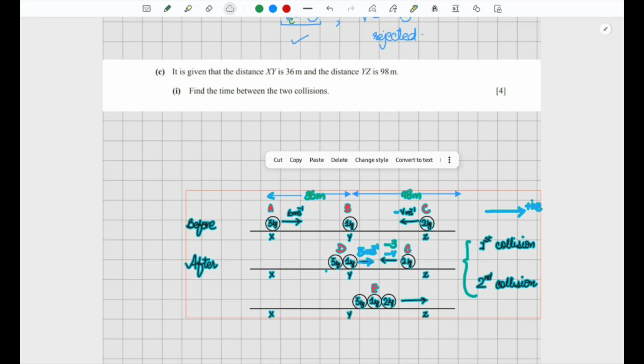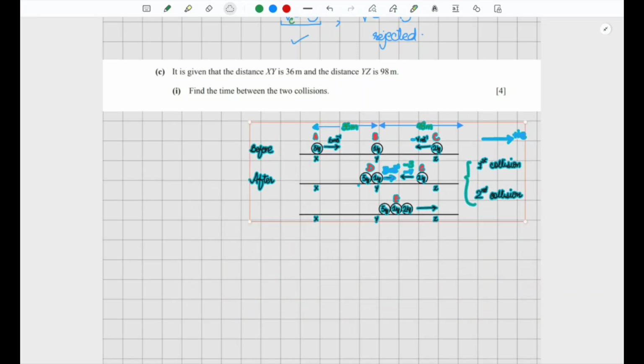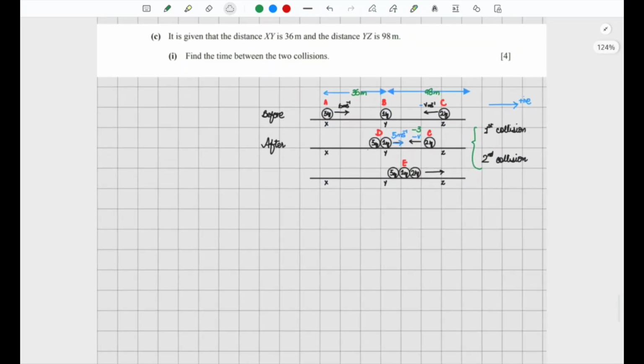So we have now mentioned the distance. Actually, what do we need?